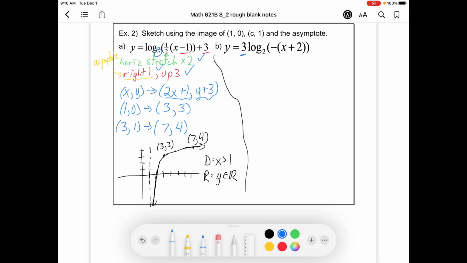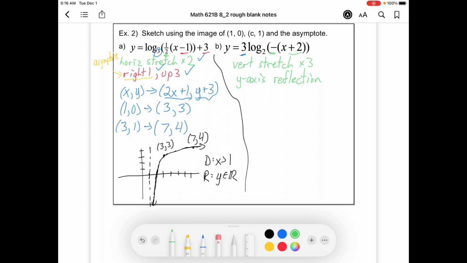We'd have a 3 here, so that's going to be a vertical stretch by a factor of 3. We have a negative here in front of the x, so that is a y-axis reflection. And this is all from Chapter 1, or transformations of functions, for interpreting these.